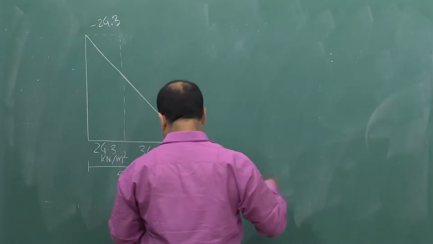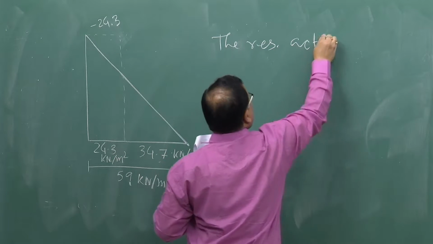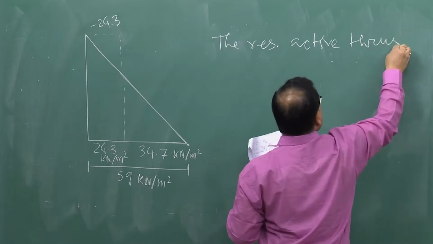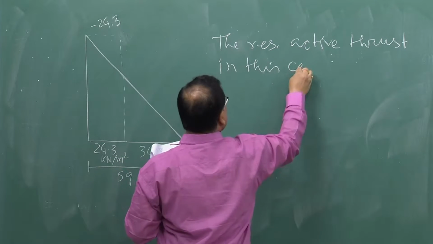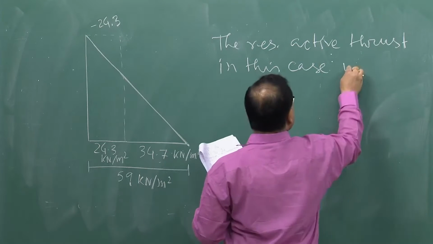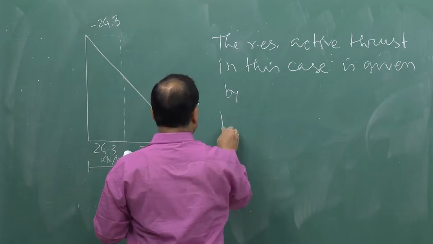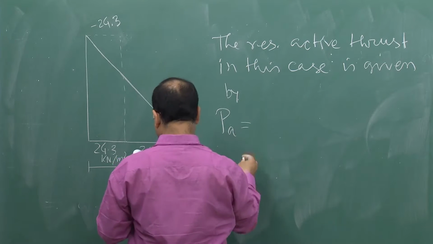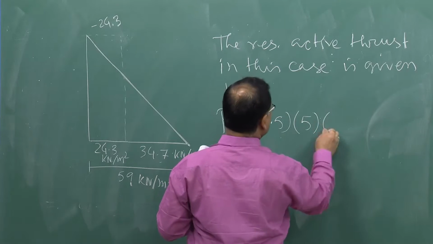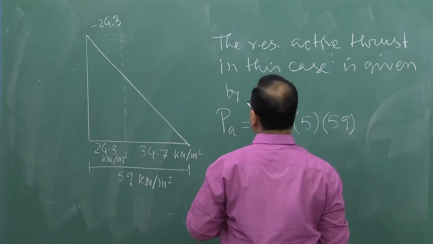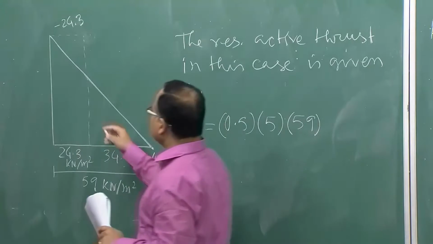So, the resultant active thrust in this case is given by PA equal to 0.5 into 5 meter into 59, because now you do not have any kind of tension, the complete compression, complete thrust, because this is the pressure distribution now.